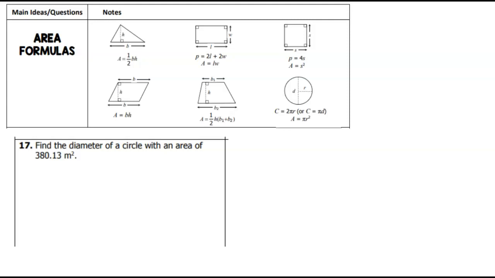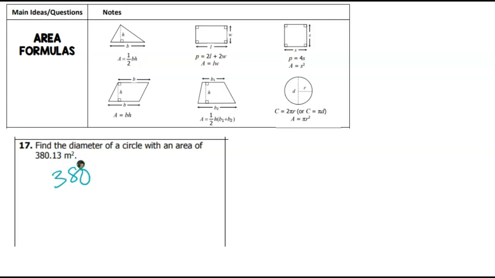All right, our last one for this section, number 17. Find the diameter of a circle with an area of 380.13 meters squared. All right, so I need my circle formula here. For a circle, the only thing we need for area is the radius, so that's why they haven't given us any of the other values.